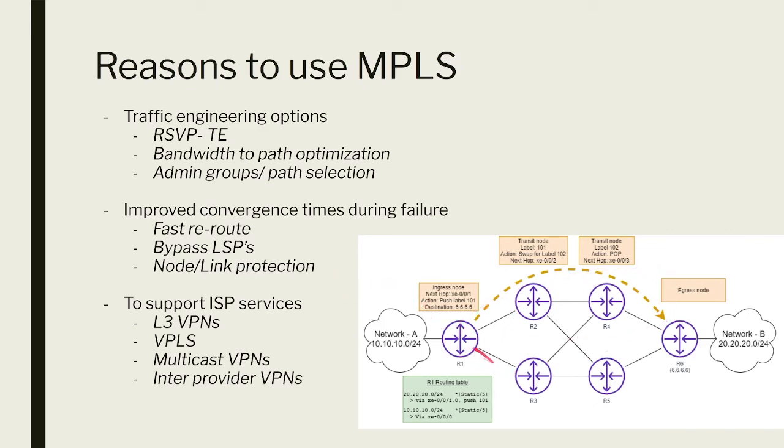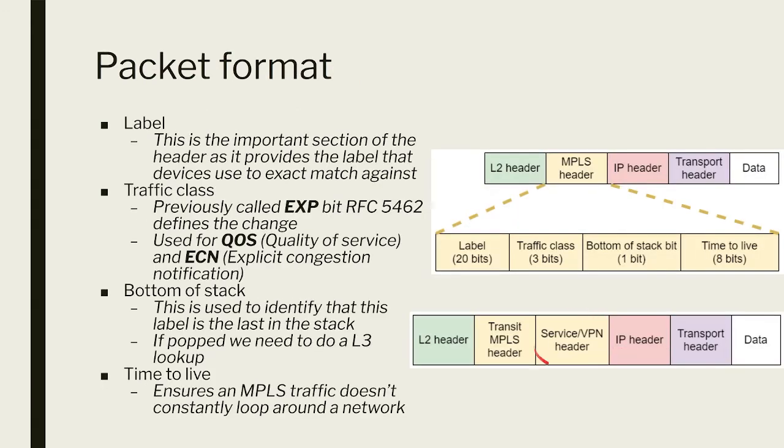It'll be saying, okay, send this traffic to here, to here, to here. But then we would have a service or a VPN header to say, okay, this packet is for customer A or customer B or customer C. And so that'll allow you to put the traffic in the right direction on that terminating device.